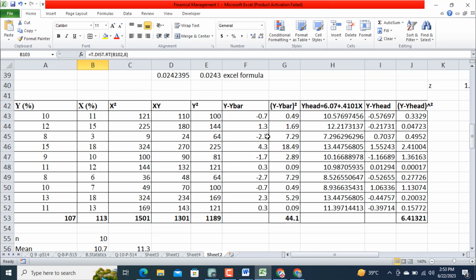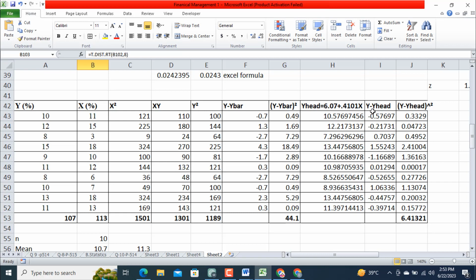In the next column we are taking the square of this column. So this is 44.1. Next, y hat is equal to 6.07. This is the value of intercept A plus 0.4101 x. So this value is y hat.